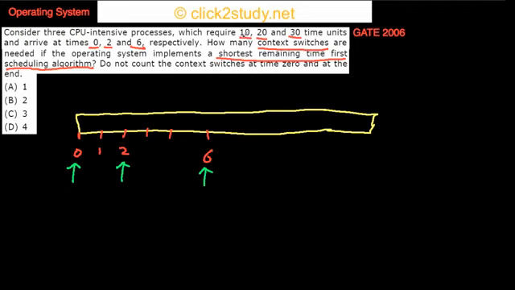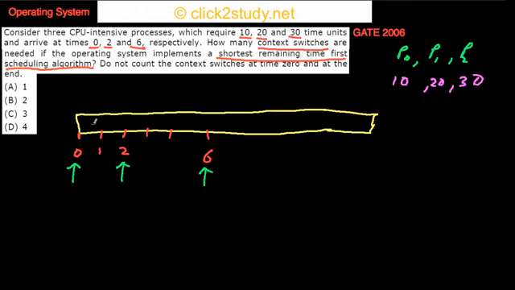So the first process that arrives at time 0 needs 10 units, so it will run. At time 2 another will come with 20. I'll call these processes P0, P1 and P2, with their different times, 10, 20 and 30.